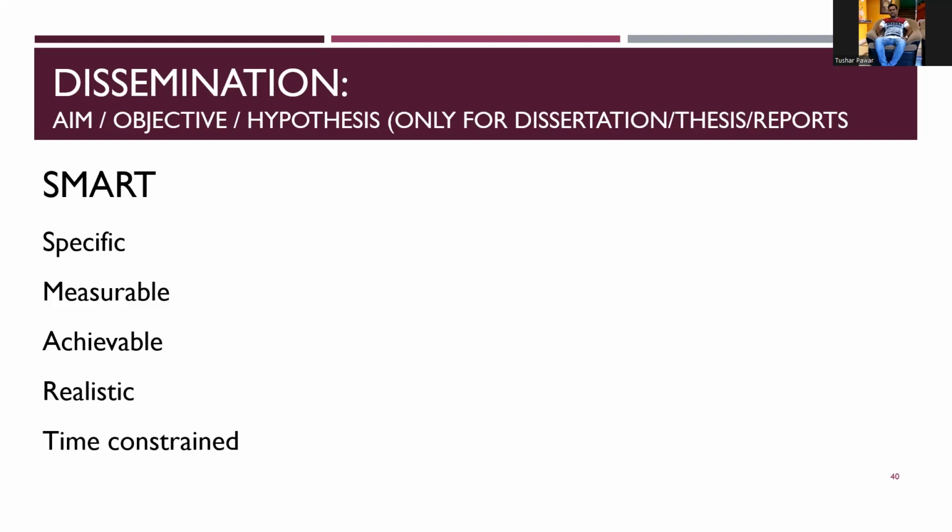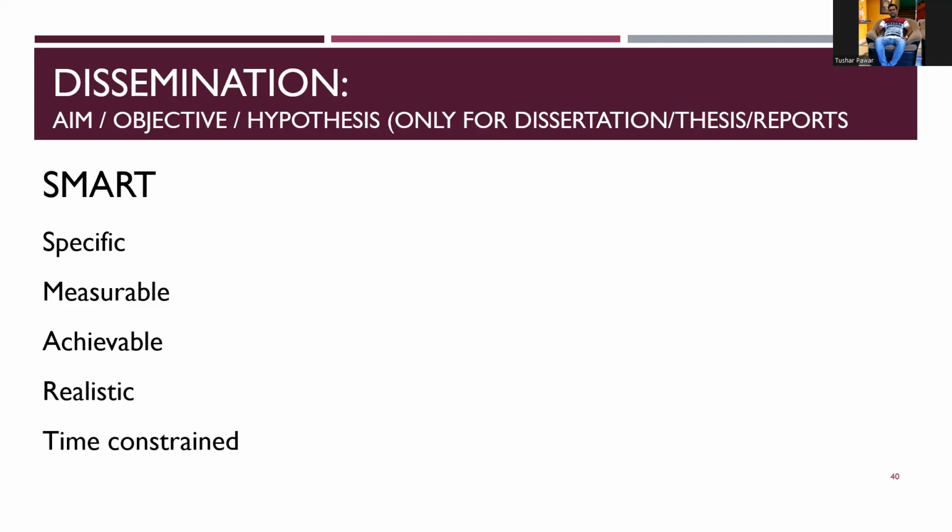The goal has to be achievable. Many times our aim or goal, which is a broad statement, is very broad but not achievable. Realistic: do you have the necessary resources to achieve it, like money, time, skill?